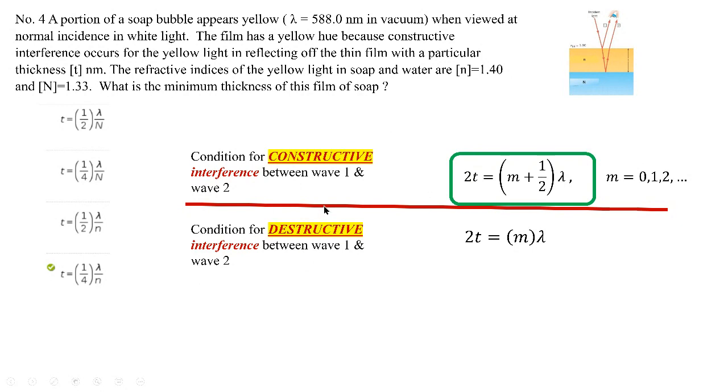So what I'm trying to teach you is that the question does not say, hey, you should remember this involves the wavelength of the light in a film. This involves constructive interference, destructive interference, and so on.